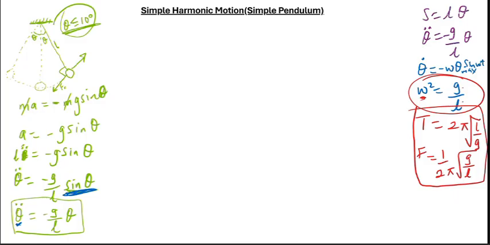Likewise, period and frequency depend only on gravity and length. And we can see from here that the string is inextensible, it doesn't extend, so there is no change in length. Therefore, our angular frequency is always constant.